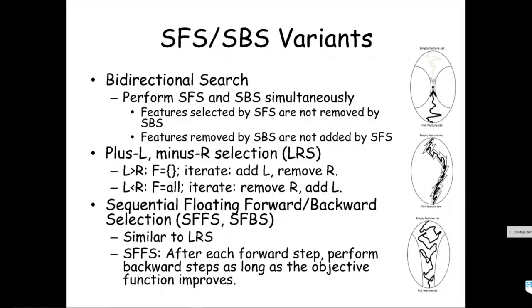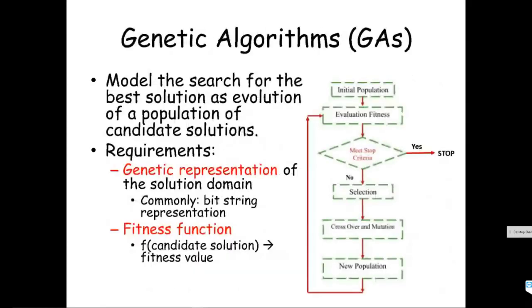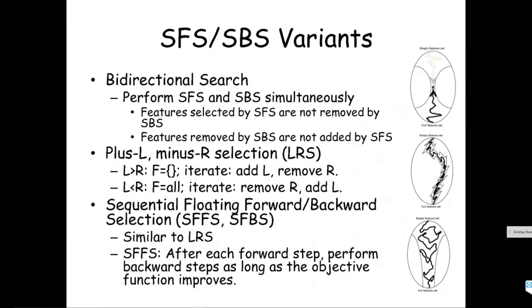So rather than saying I'm going to add 10 and remove 5, you don't have those pre-defined numbers. You're just going to walk until things stop improving, and then you're going to backward eliminate until things stop improving, and then do that back and forth. Okay. All right, and that allows you a more complete search that's more promising to find the best possible subset.